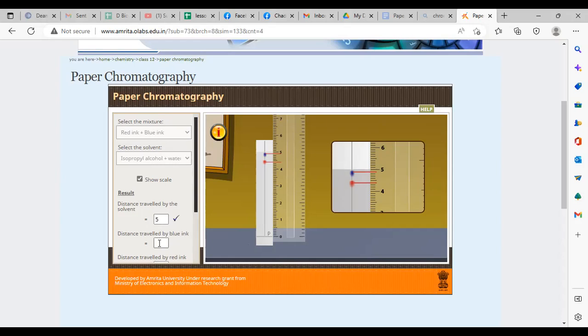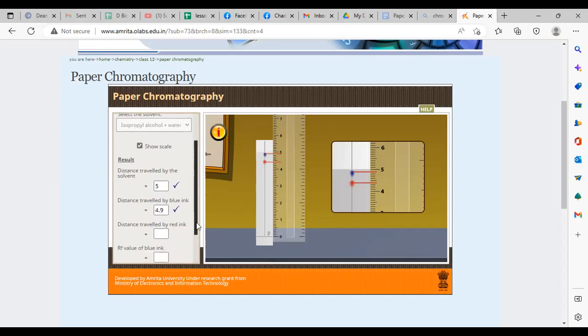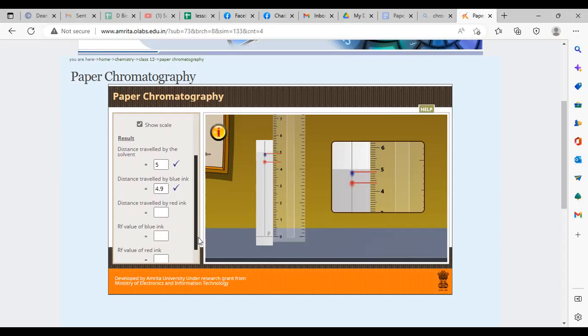Tama. Tapos distance traveled by the blue ink is 4.9. Tama. Okay. Distance traveled by the red ink, ito ay 4.4. Okay. So, tama. Yun yung distance traveled, no?